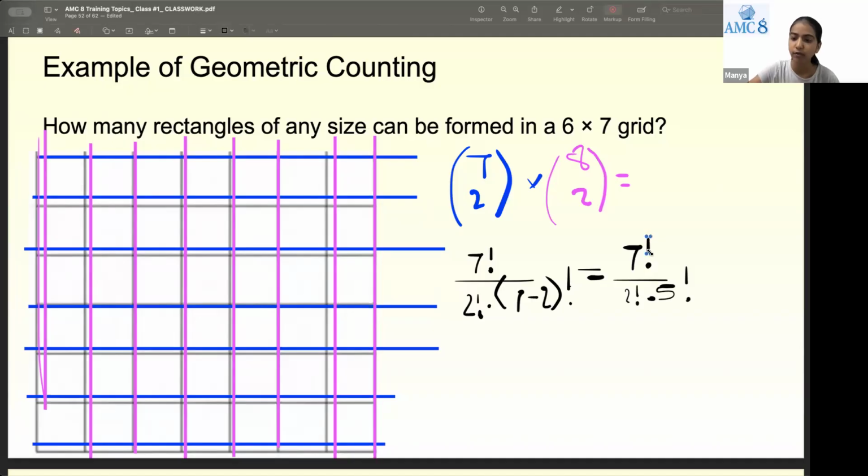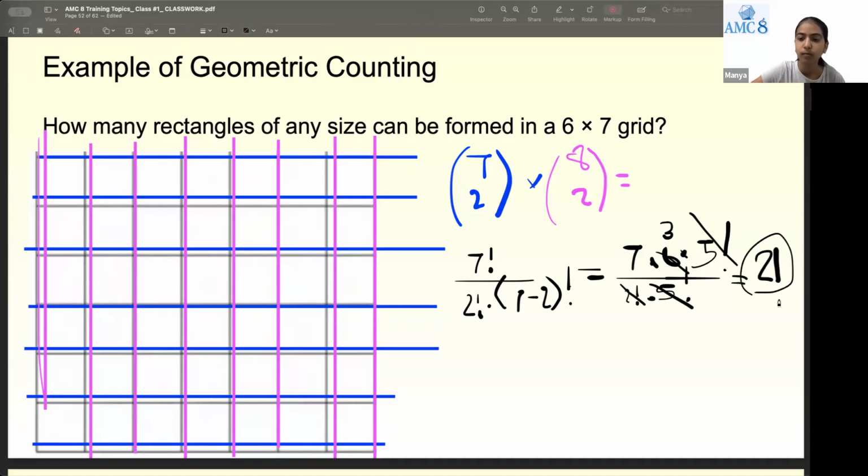So another way to write 7 factorial is 7 times 6 times 5 factorial. So the 5 factorial on the top and the 5 factorial on the bottom will both be canceling out with each other. And we know that the value of 2 factorial is equal to 2. So this 2 and the 6 divided by 2 is equal to 3. And so the value of 7 choose 2 is equal to 7 times 3, which is equal to 21.